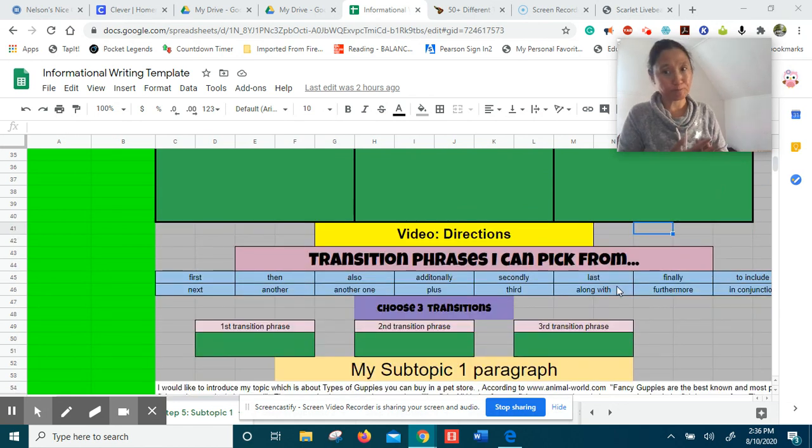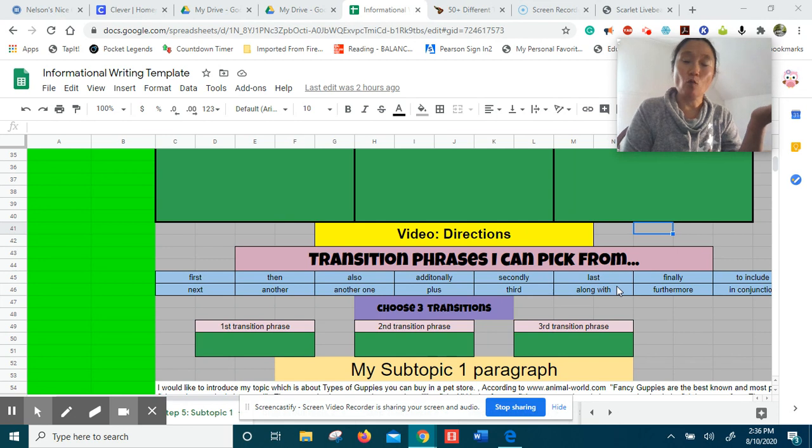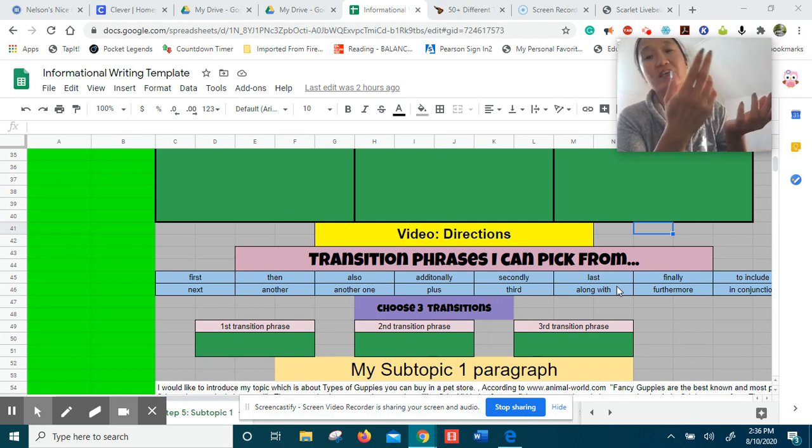So, again, through each idea, I introduced three different facts about my guppies, the types of guppies. I talked about the swamp guppy. I also talked about the fancy guppy, and then I talked about the Endler guppy.